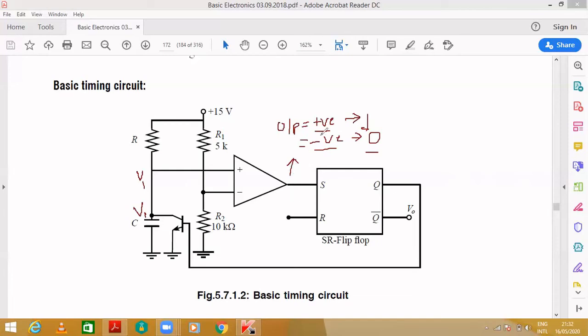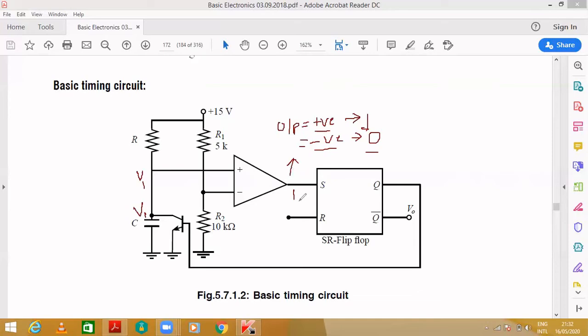You can assume 1 or 0. I'm taking S as 1, the output of the op-amp is a positive value.